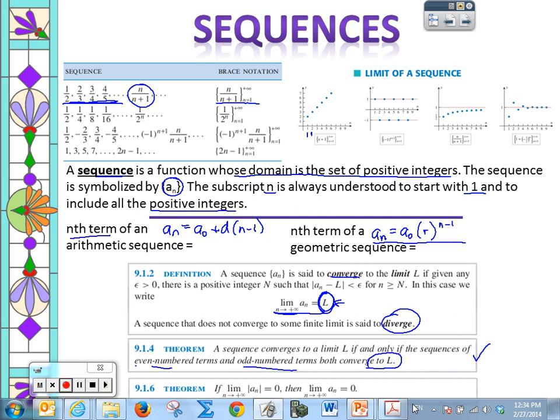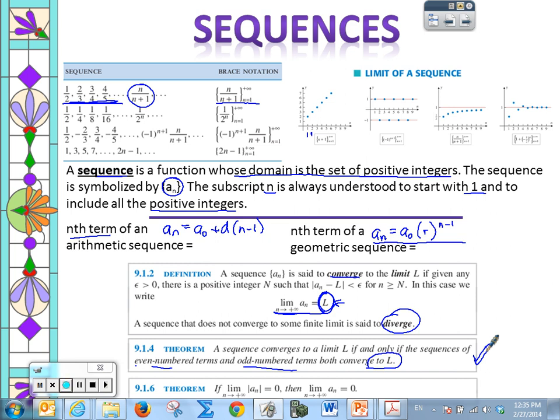Now, we're going to be dealing with this theorem when we have a sequence that alternates positive, negative, positive, negative, positive, negative. We're going to have to break that sequence down into two sequences, one with all the positive terms and one with all the negative terms, and deal with them separately so we can get a better feel for what's going on. That's what this theorem is used for, when we have that situation.